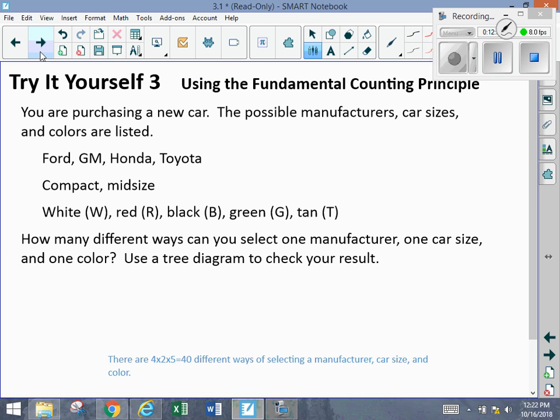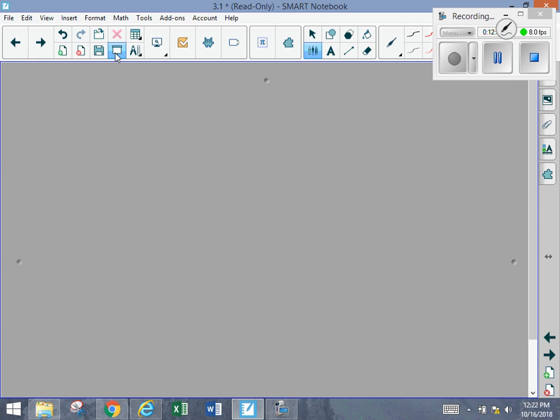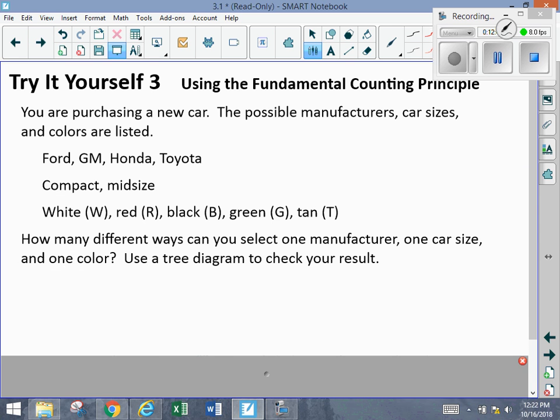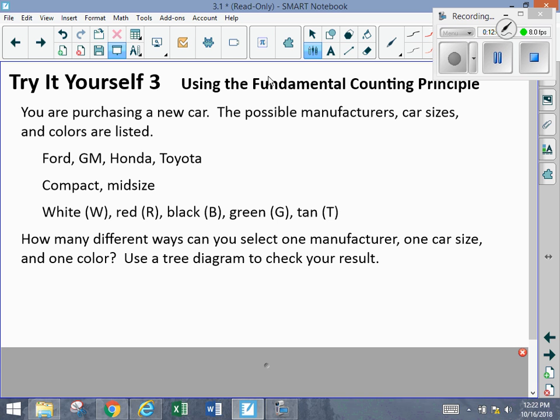So let's go ahead and use this rule. If you're purchasing a new car and you have possible manufacturers, car sizes, and colors listed, so you have Ford, GM, Honda, Toyota, compact, midsize, right?